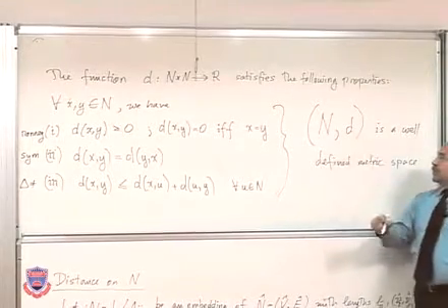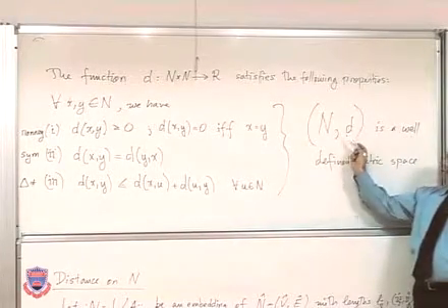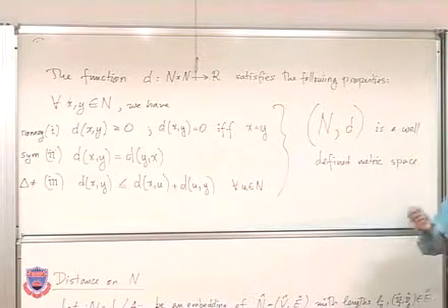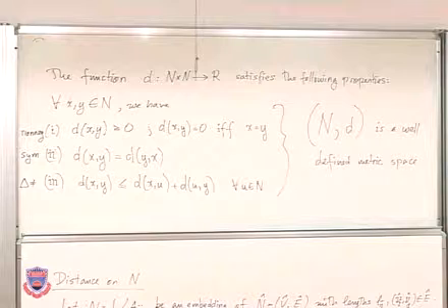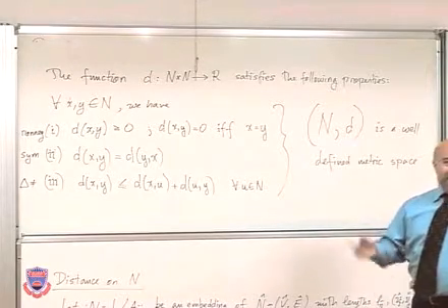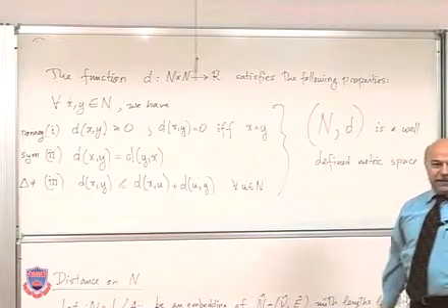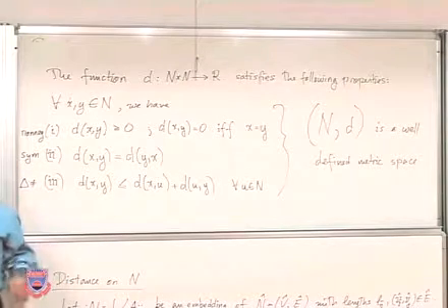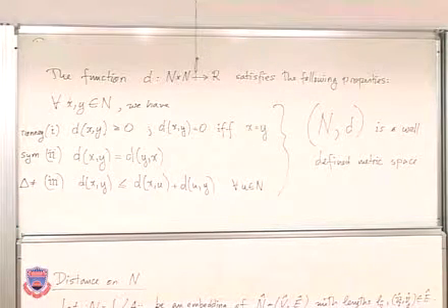Some people write it this way. Some people say N is a well-defined metric space with distance function d, whatever. These are different terminologies. They all mean the same thing. Okay. So this is sort of the background information. From this point on, we can start carrying this out for more down-to-earth problems, such as the minisum problem or the minimax problem I mentioned at the beginning.